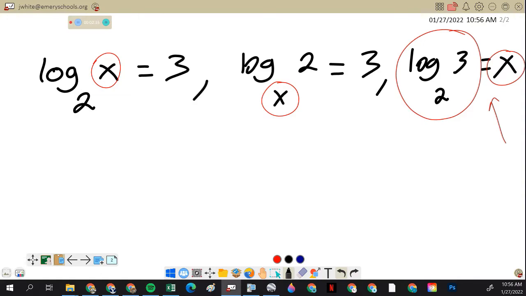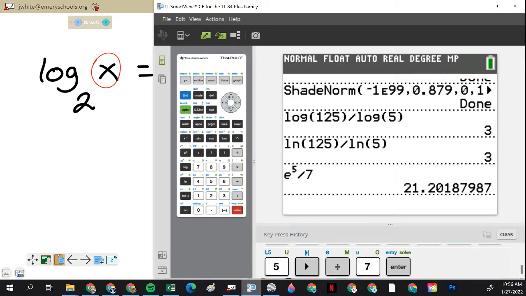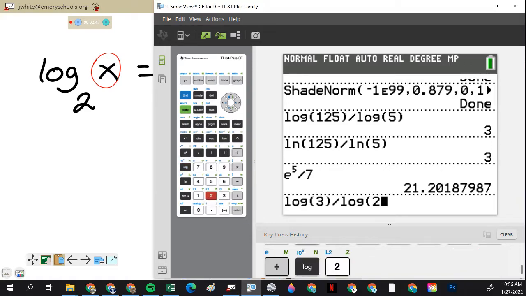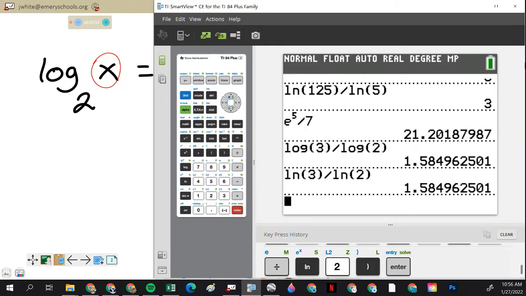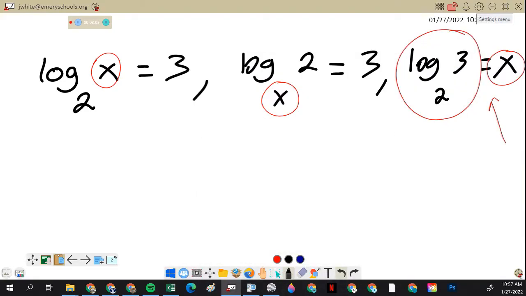Use 10th gear, and I actually usually use gear E because it's one fewer letter to write. So you could do log 3 divide log 2, or ln 3 divide ln 2. And I almost exclusively use the ln just because when I'm writing it out, that's one fewer letter to write. Okay. So that first one was easy. It's 1.58. Okay. Any questions there?